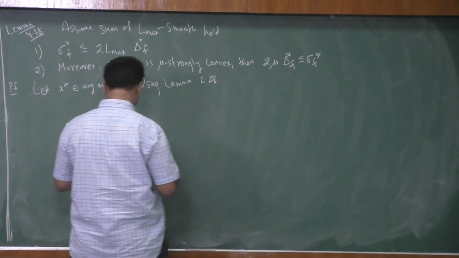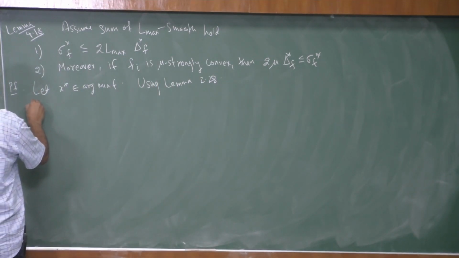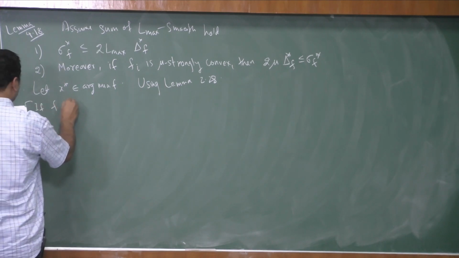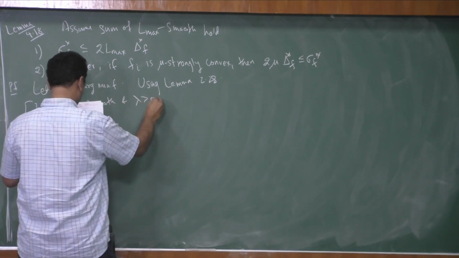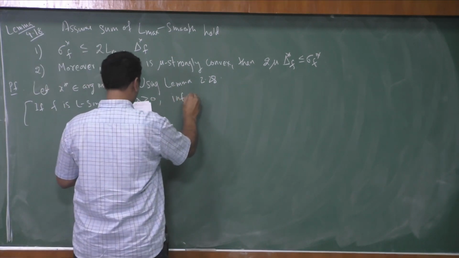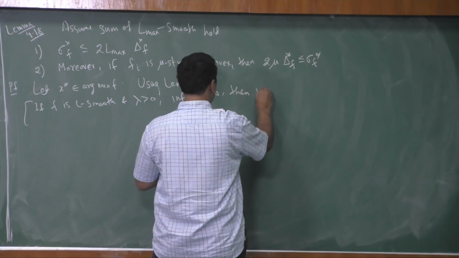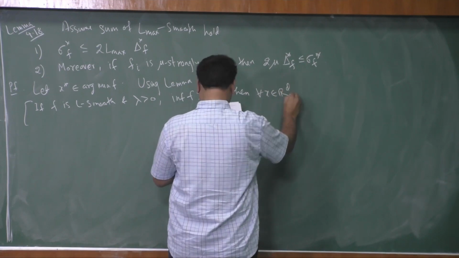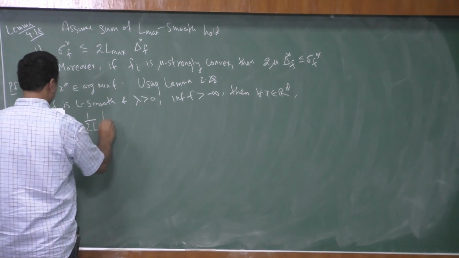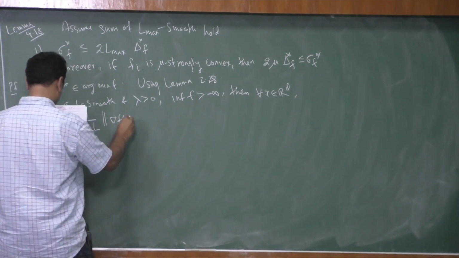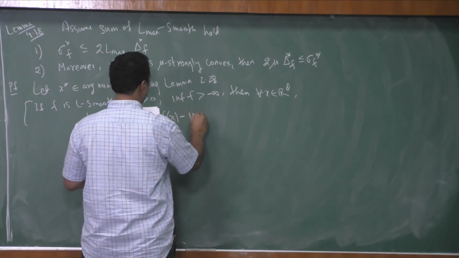2.28. The lemma 2.28 was, I will write this here. If F is L smooth and lambda greater than 0 and infimum of F is greater than minus infinity, then for all x in R^d, we have 1 by 2L norm of grad f(x) whole squared is less than or equal to f(x) minus infimum of f.